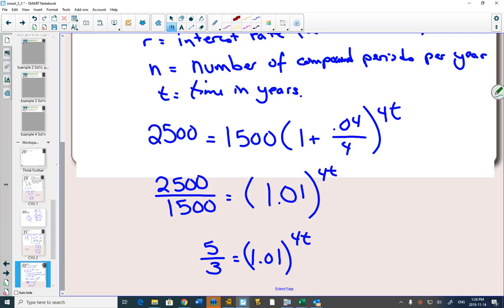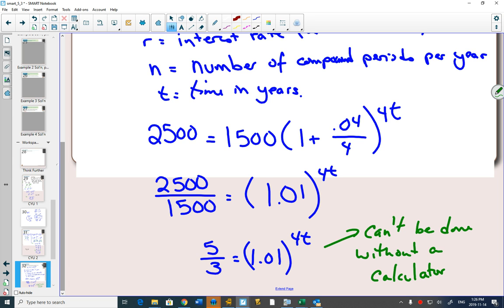So at this point, this can't be done without a calculator. So we're going to need a calculator.